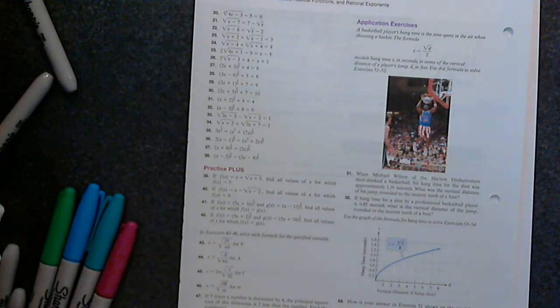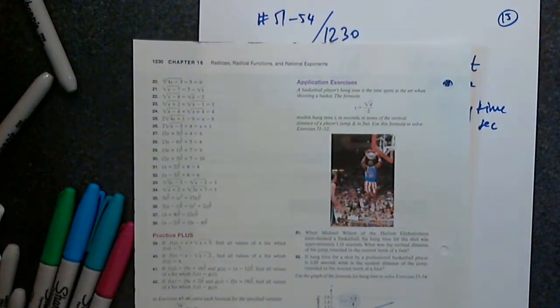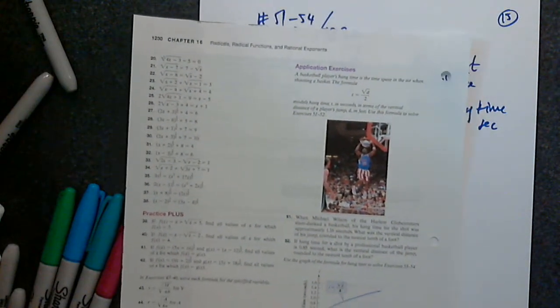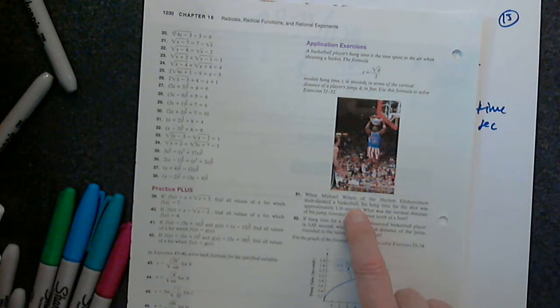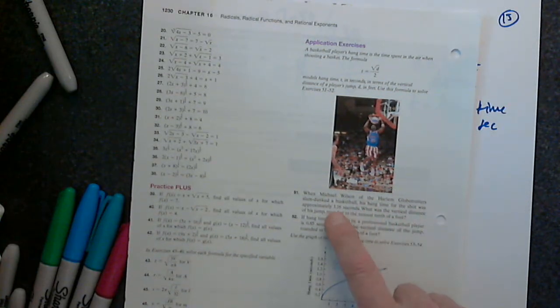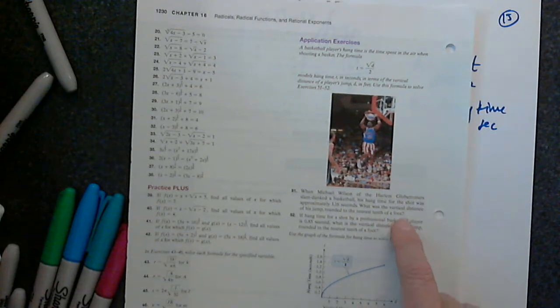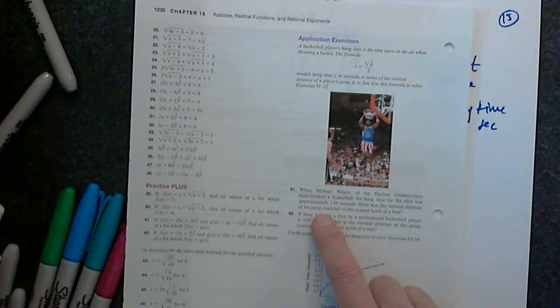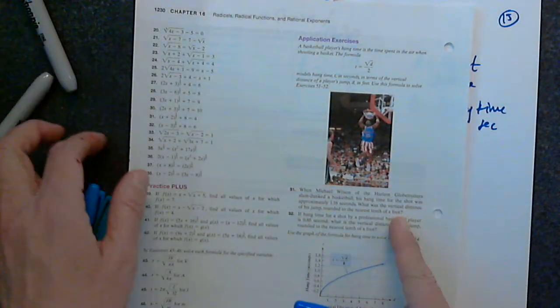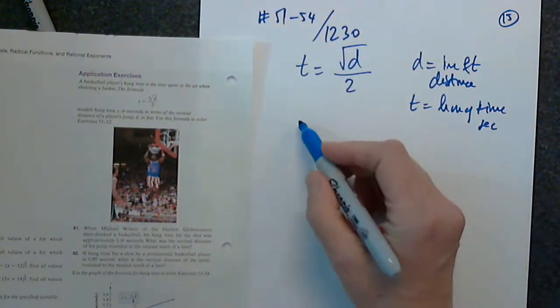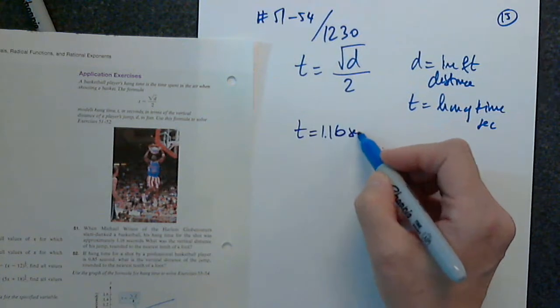So let me see if this is better. It says when Michael Wilson of the Harlem Globetrotters slam dunked the basketball, his hang time for the shot was approximately 1.16 seconds. What was the vertical distance of this jump rounded to the nearest tenth of a foot? So T is 1.16 seconds.